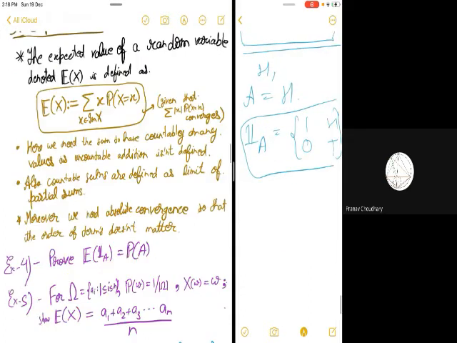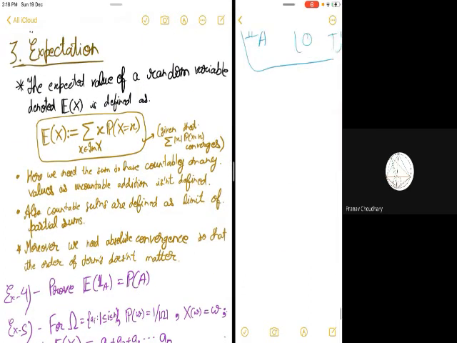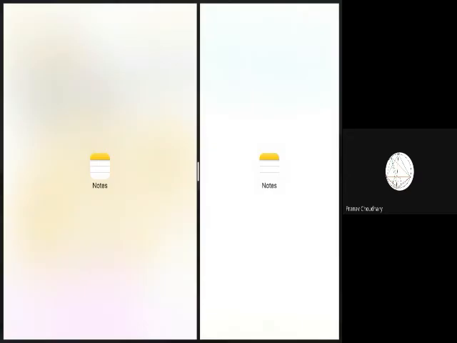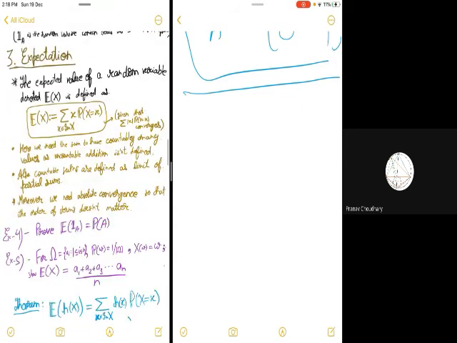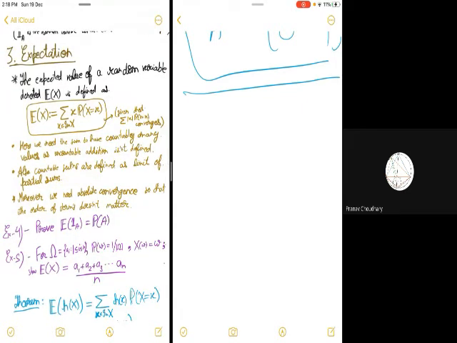Yes. So now we are ready to define the expectation of a random variable. Firstly, I will define this informally. Informally, expectation is just the average of the values taken by the random variable.